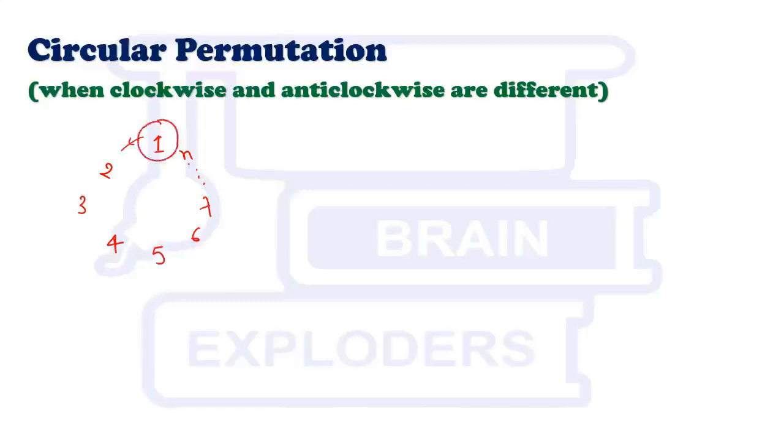Suppose we fix 1. This means that 1 will always be over here and we will find the permutations of the rest of the elements. Now any change over here will result in a different permutation, because with respect to 1, definitely there will be a change. This sequence will break. So how many elements remain? In total we have n minus 1 elements remaining. So the total number of ways for their arrangement is (n minus 1) factorial. These are the number of ways when clockwise and anti-clockwise are treated as different.